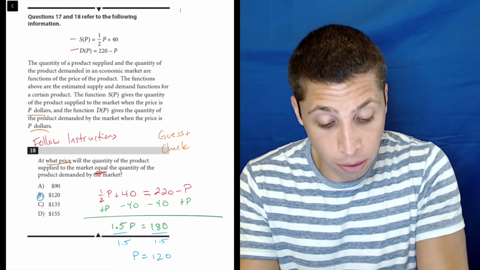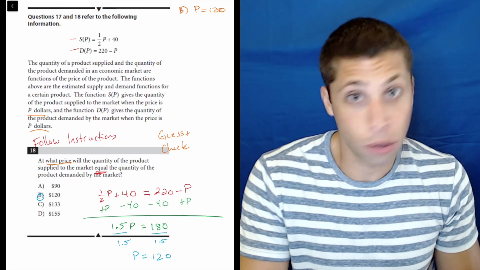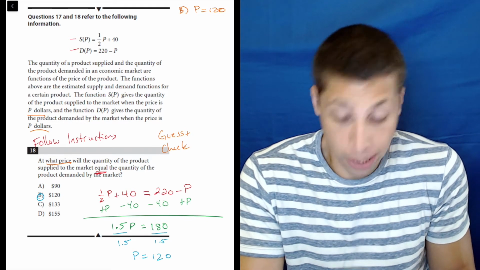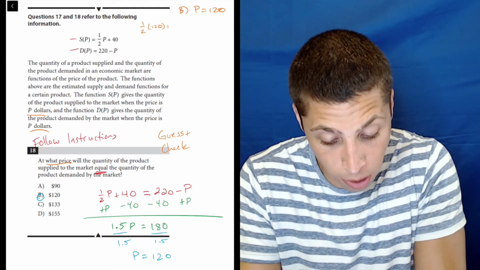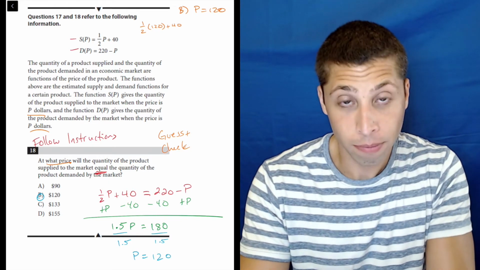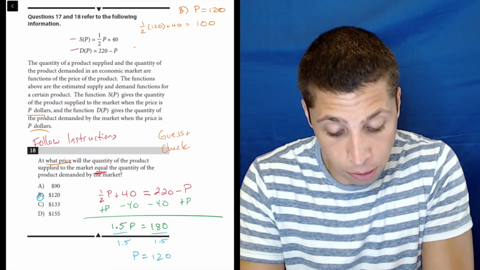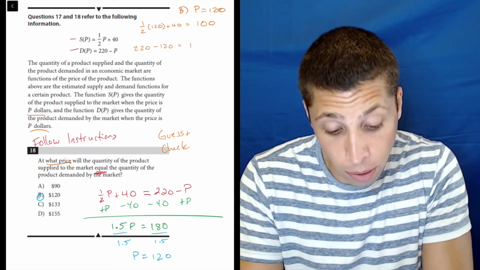So I would have said, okay, let's say that P is equal to 120, and then I would just plug it in and see what happens. For the first equation, 1/2 of 120 plus 40 is 100. 60 plus 40 is 100. And then the other equation, 220 minus 120 is also 100.